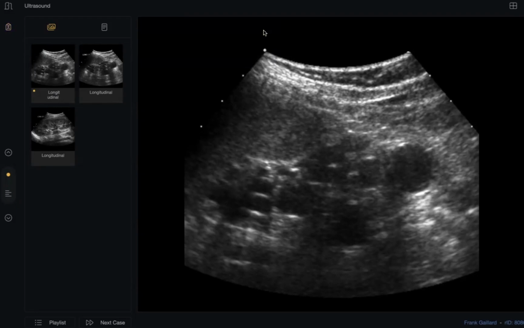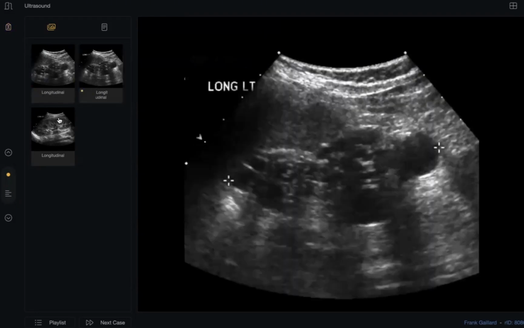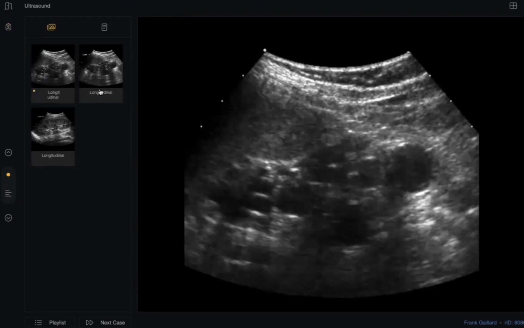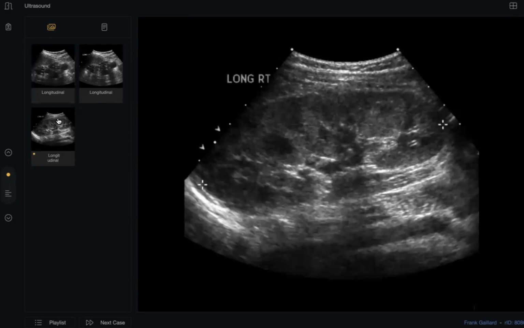Doctor, this patient has abdominal distension. This is the grayscale ultrasound of the abdomen. I will help you because there is no time.